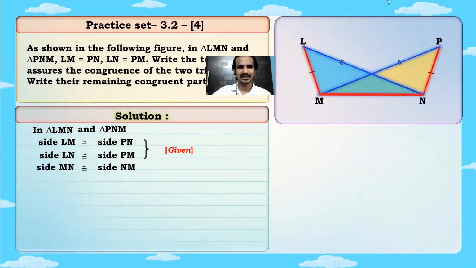I have first written side MN and then we have written side NM. तो ऐसा क्यों किया? Because triangle का naming देखो, first triangle was named as LMN and second is named as PNM. So you have just followed the naming. So it was LMN, तो पहले हमने MN लिखा, and for the second triangle the naming is in this order, PNM. तो हमने second side का नाम लिखा NM. Even if we write MN congruent to MN, that is still correct.